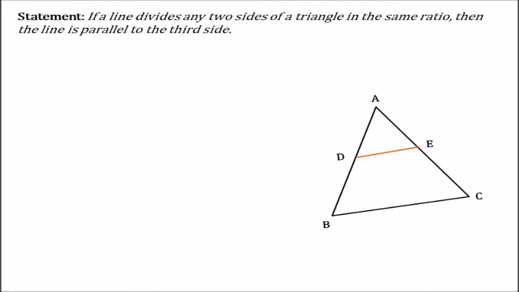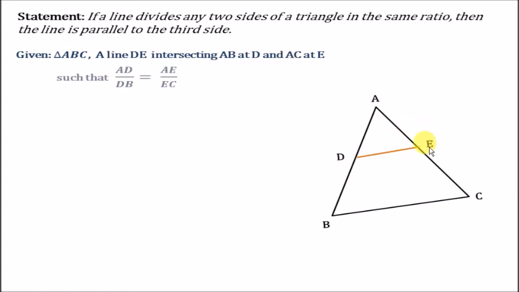We need to prove that DE is parallel to the third side of the triangle, which is BC. Given to us is triangle ABC and line DE intersecting AB at point D and AC at point E, such that AD by DB equals AE by EC. We need to prove DE is parallel to BC.